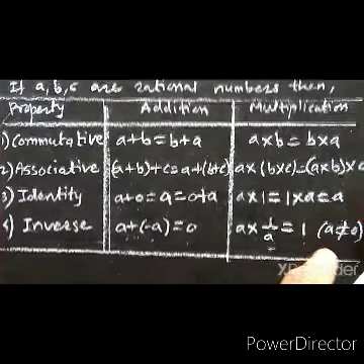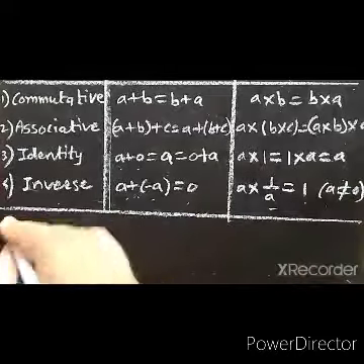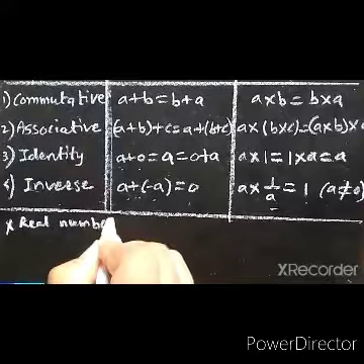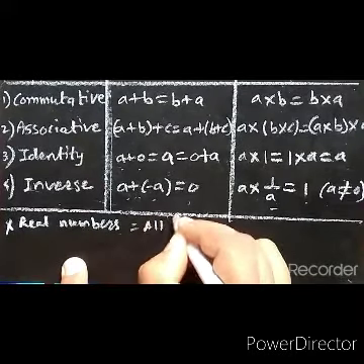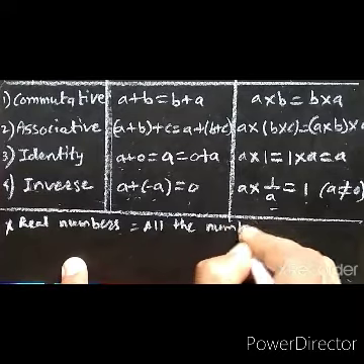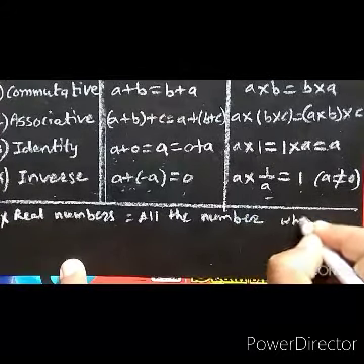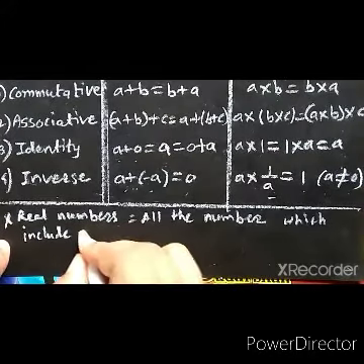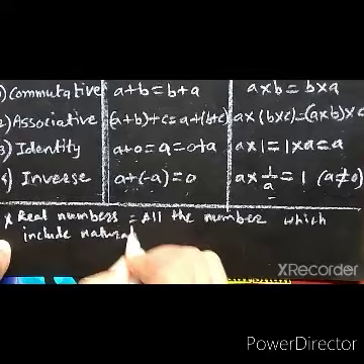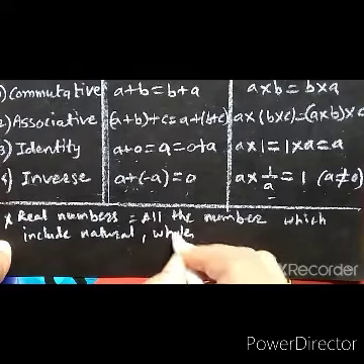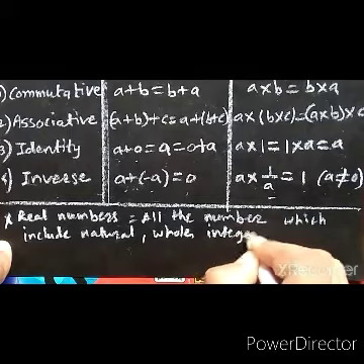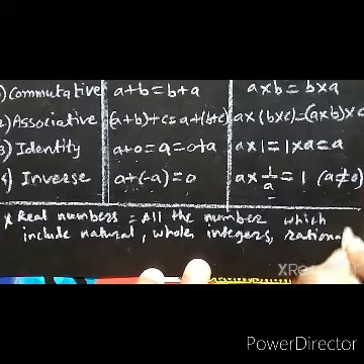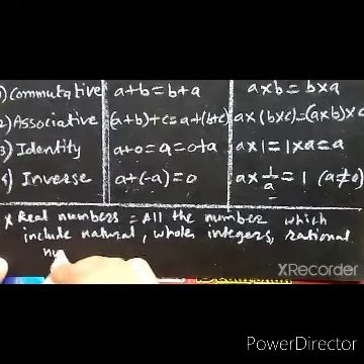Now again let us see the definition of real number. Real number means all the numbers which include natural, whole, integers, rational numbers.